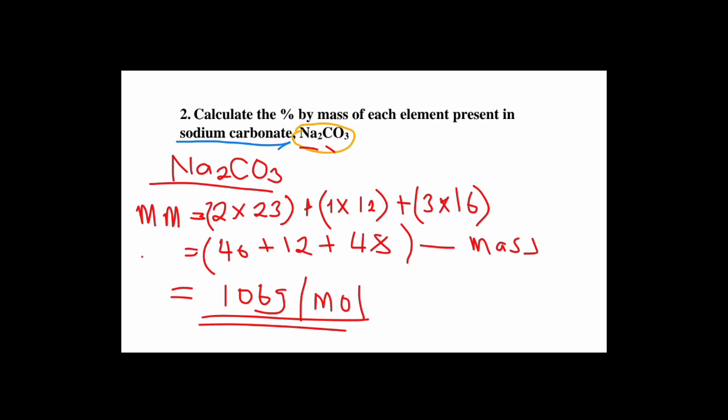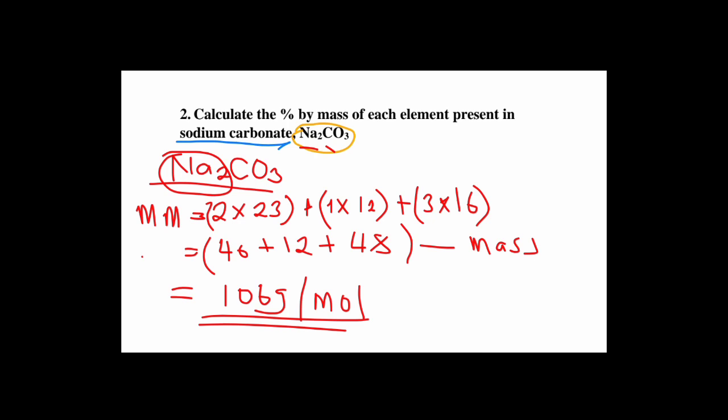This is the molar mass, meaning 1 mole of sodium carbonate will contain 106 grams. Meaning the mass of each element, for the 2 sodium atoms, is 46 grams, carbon is 12 grams, and the 3 atoms of oxygen will have a mass of 48 grams, since it is grams per mole. I just hope you get the concept, guys.